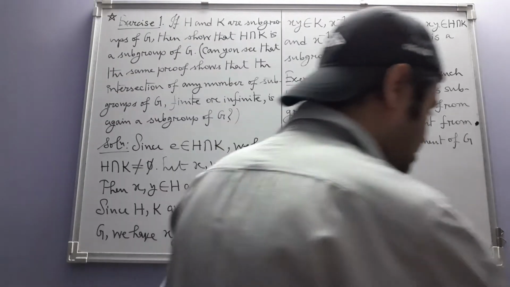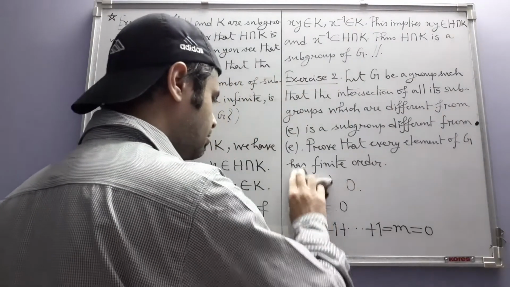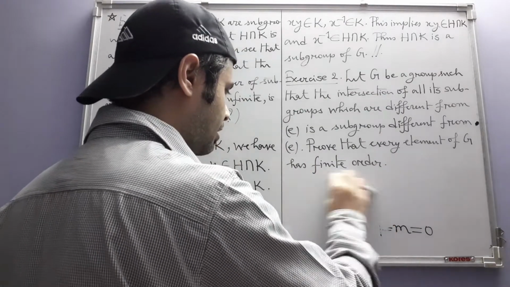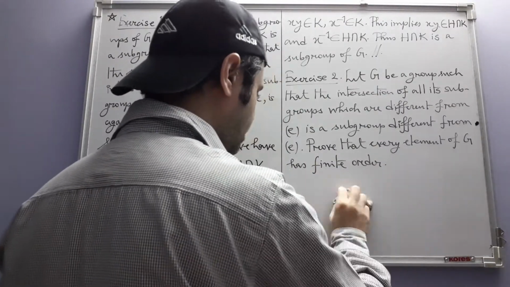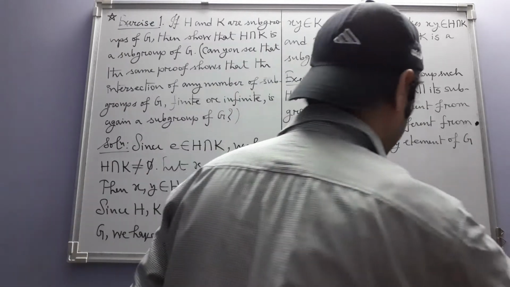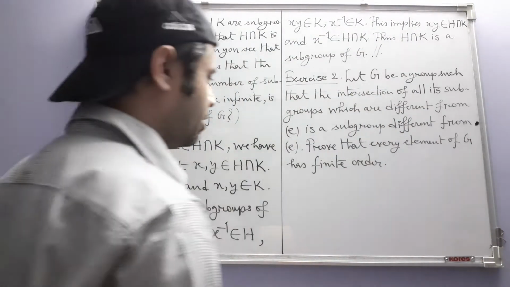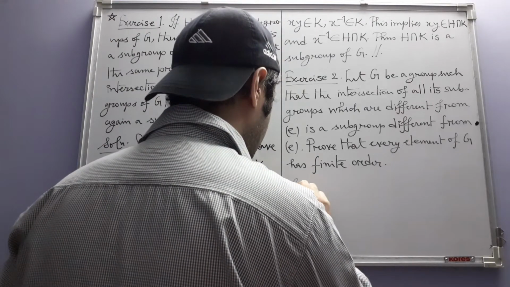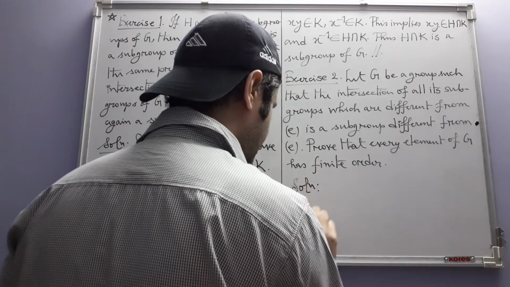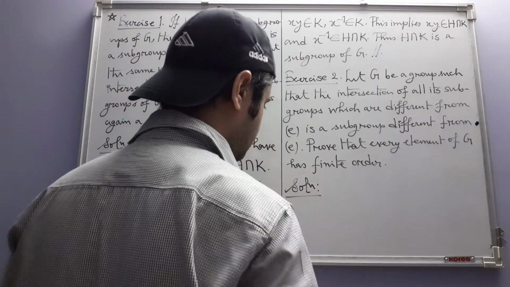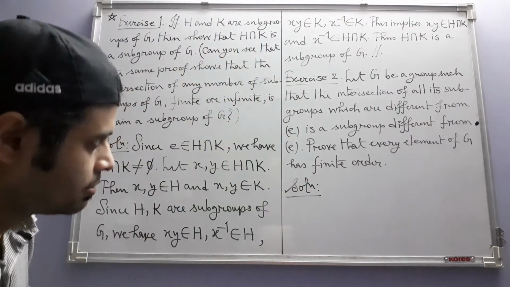So it's not necessary that whatever group we consider and whatever element we consider in it, that has to have finite order. No, that's not the case. So this is a non-trivial problem. So let's see how we can solve this.